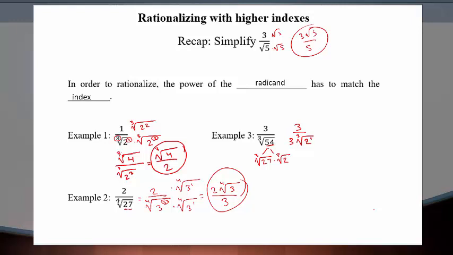So the only thing that's the issue right now is the 2 that's under the radical. So that's the part we have to rationalize. So we're going to have the cubed root of, we need 2 more 2's. And what I'm going to get is 3 cubed root 4 on top.